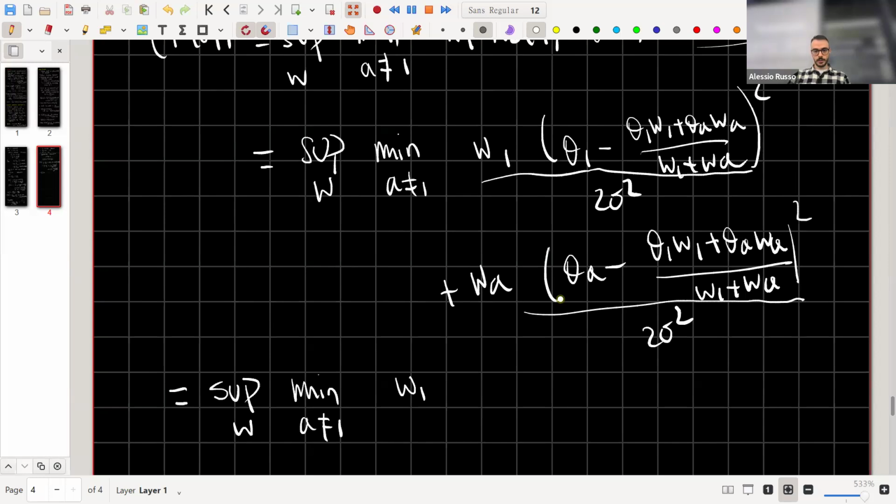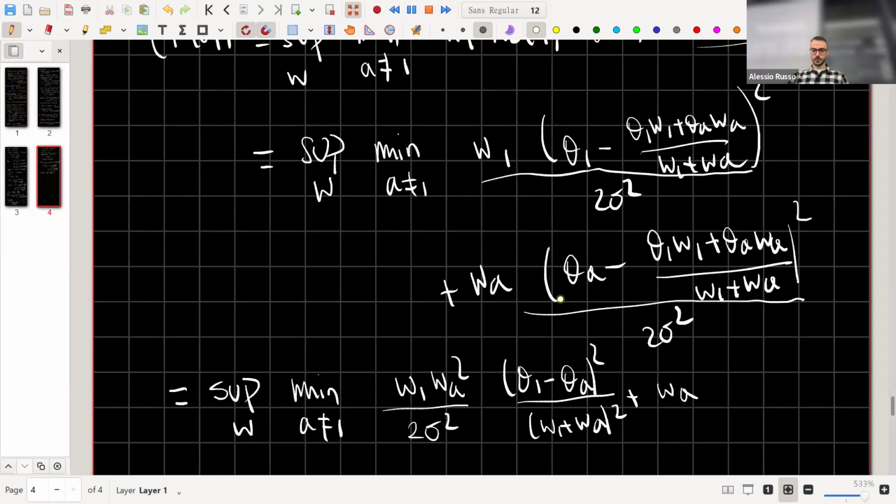So here we have W1 WA squared divided by 2 sigma squared, theta 1 minus theta A squared, divided by W1 plus WA squared plus WA.